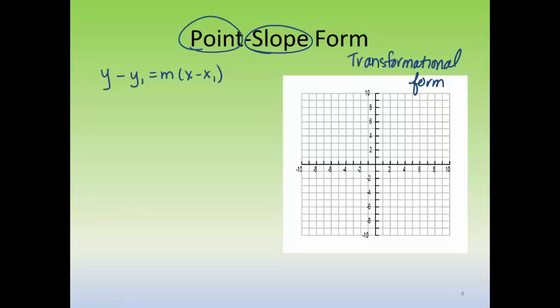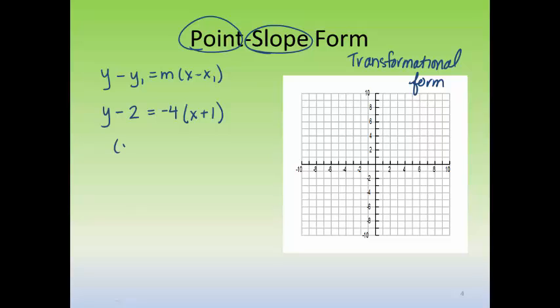You will find an ordered pair hidden in here along with our slope, the m. This would be an example. Y minus 2 equals negative 4 times x plus 1. Okay. The first thing we want to do is not simplify this. Let's use it exactly the way we have it.